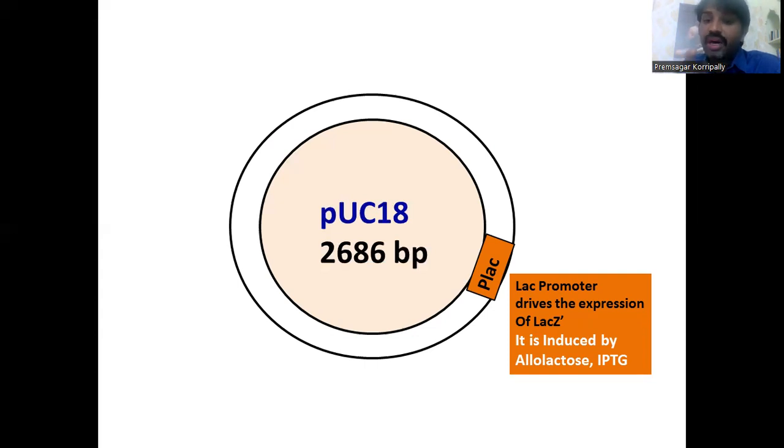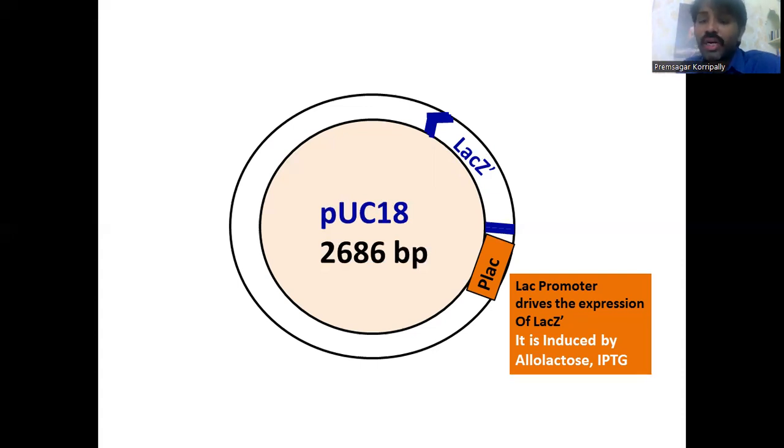Downstream of the lac promoter, there is a small gene called lacZ prime, which is a short fragment of the beta galactosidase gene.